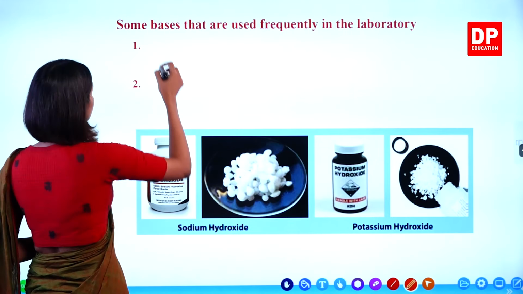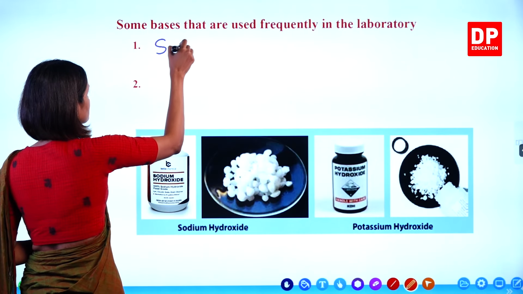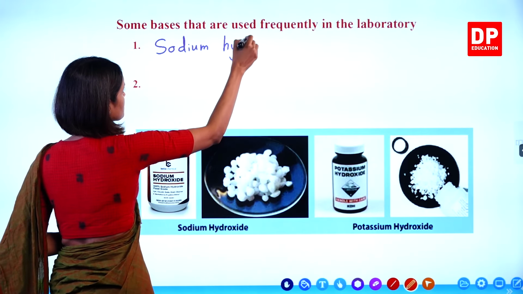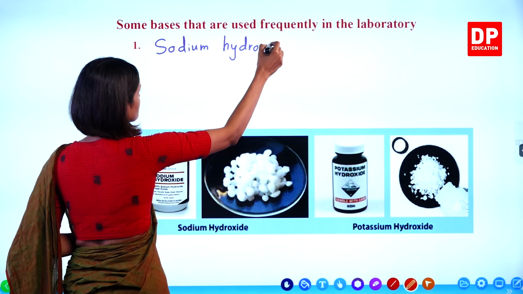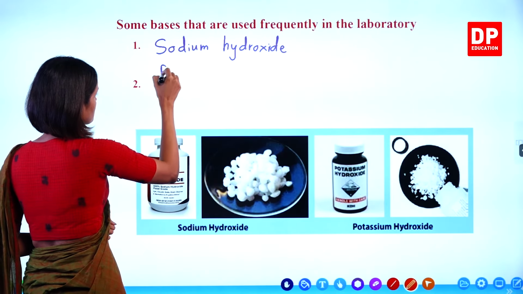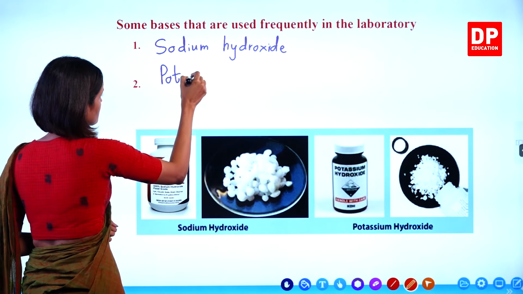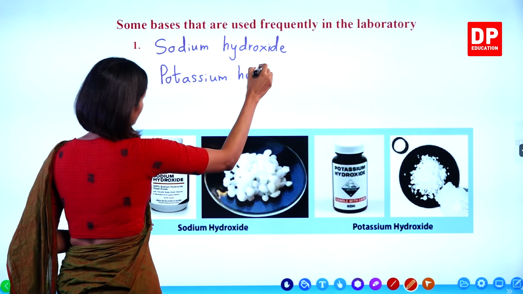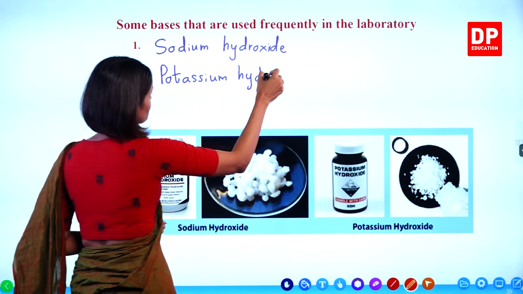We will write sodium hydroxide, potassium hydroxide, calcium hydroxide is another example.